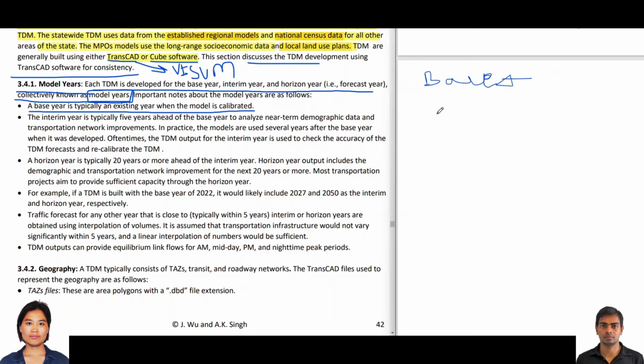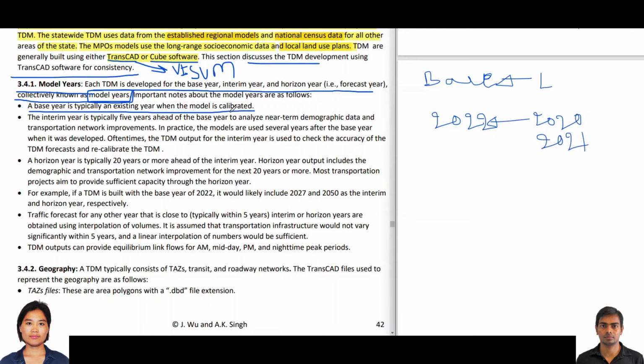Let's say we are looking at an MPO region, so we need to calibrate the travel demand model with the counts from the entire MPO, so that needs to be AM and PM counts. Typically, when the model is developed, let's say in 2022, and let's say there are no COVID impacts, then the base year would be 2020 or 2021.